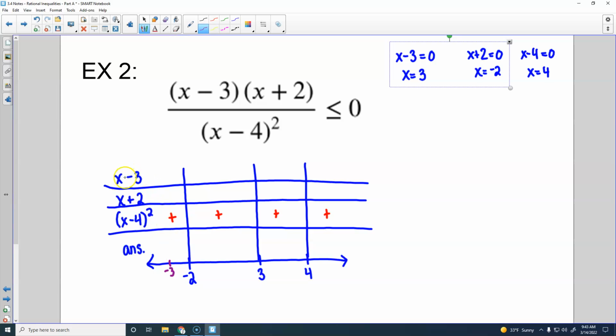So if I do negative 3 minus 3, that's going to give me negative 6, so it gives me a negative in that section. I could pick a number between negative 2 and 3. I see that 0 is there. That will make this easy, so I like to use 0. So 0 minus 3, what does that give us? Negative.